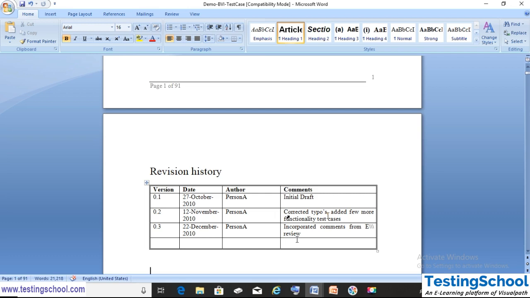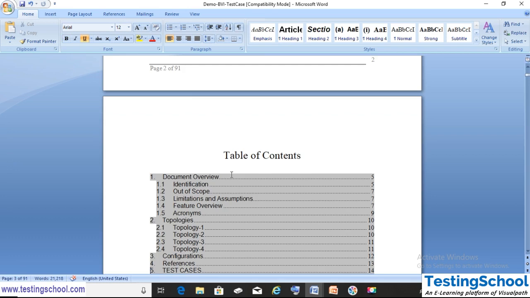Now as in books we have a table of contents, here also in the test plan we have a table of contents. You can see here document overview, topologies, configuration, references. I'll just tell you the outline, a high level view of this test plan.